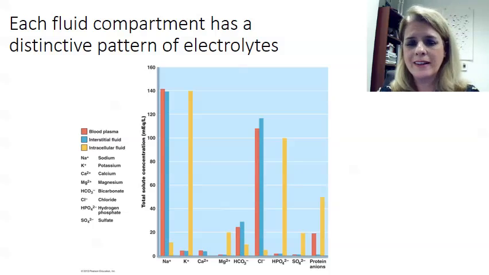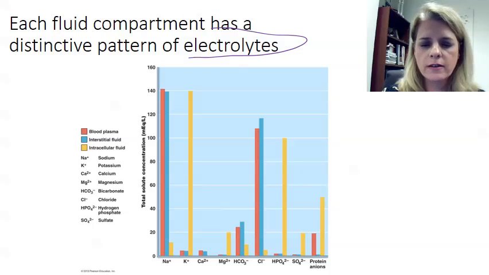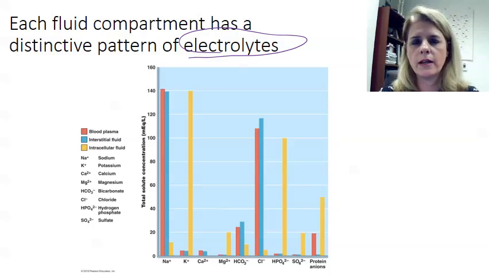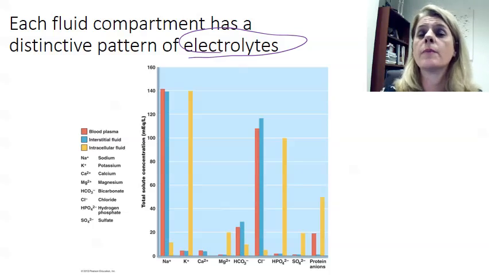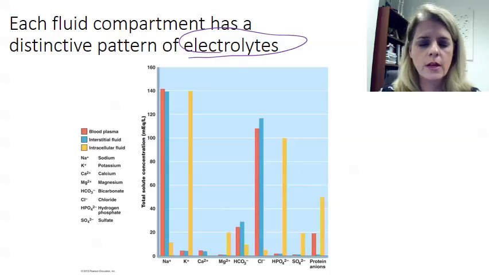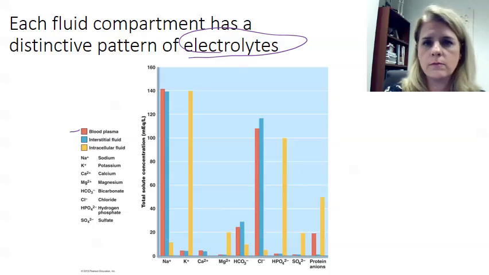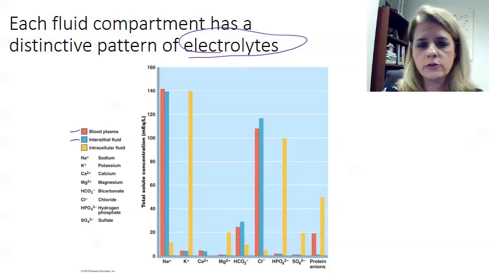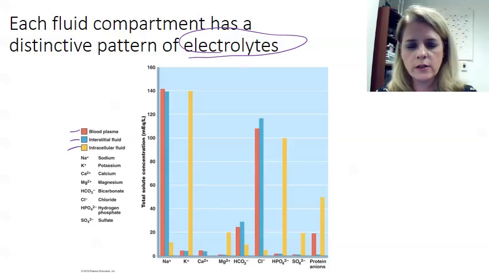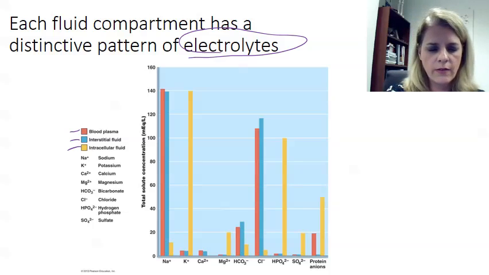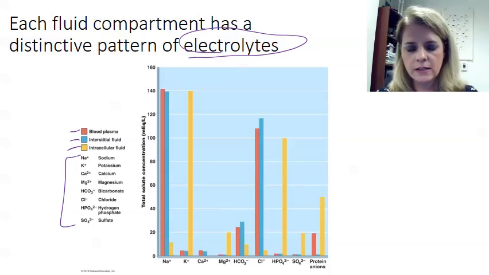When you think about electrolytes, they are not evenly distributed throughout the body. Some compartments have more electrolytes than others, or different composition of electrolytes than others. The red is blood, the blue is interstitial fluid, and this yellow is intracellular fluid. And we have all of our ions or electrolytes listed here.